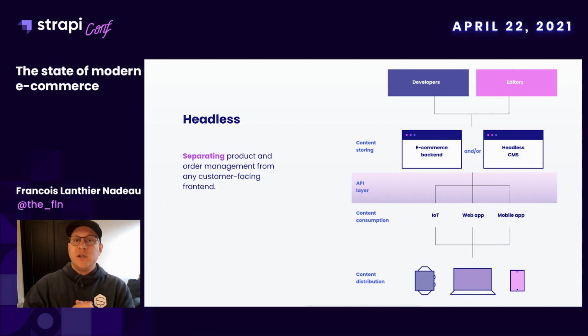And maybe also they want to sell on different channels. They want to espouse that omni-channel approach where you can sell from one single place into different customer touch points, as we're seeing here, right?